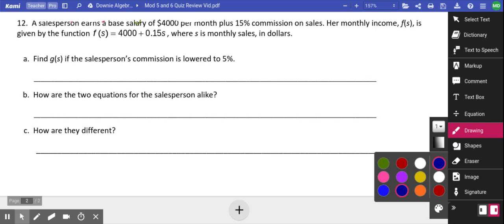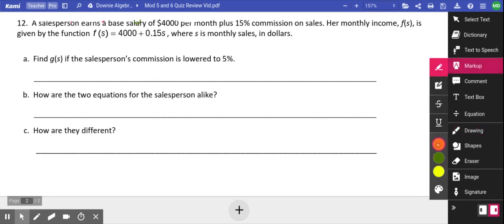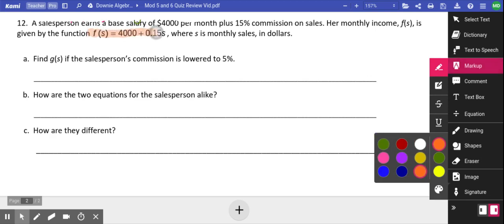What's nice about our problem is that they have already given us a function to look at.